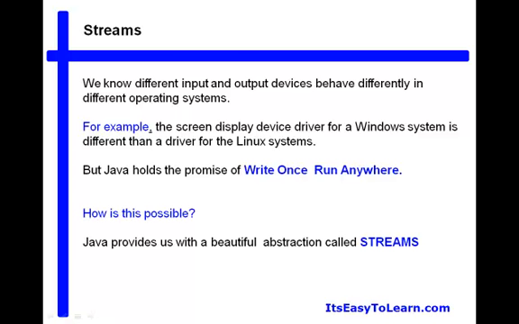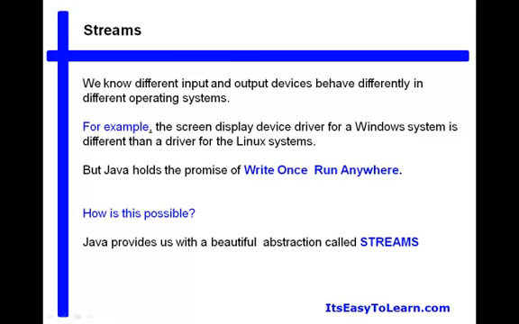Now, we have different input-output devices and different operating systems. And different input-output devices behave differently in different operating systems. For example, if you have a Linux system, though you have a computer monitor which will serve as the display for your computer screen, the device driver for your Linux operating system is different than the device driver for your Windows operating system.